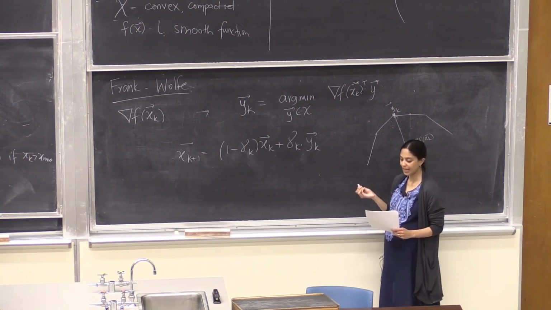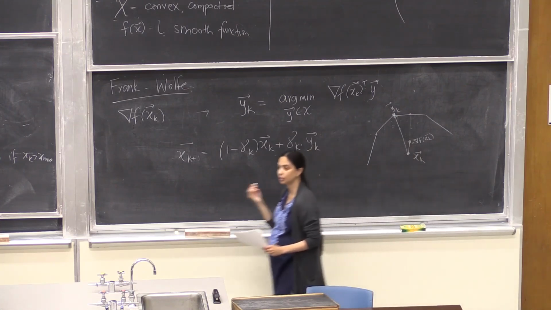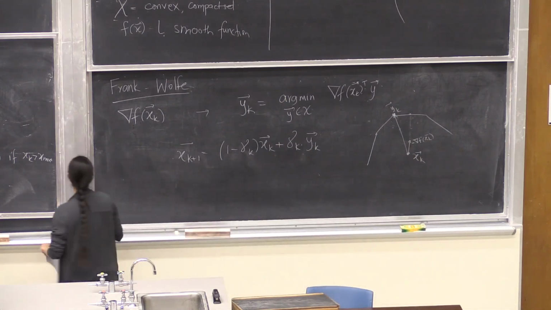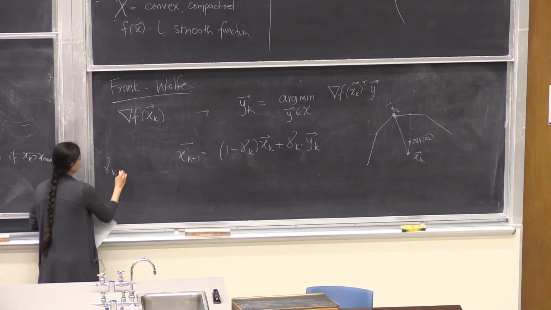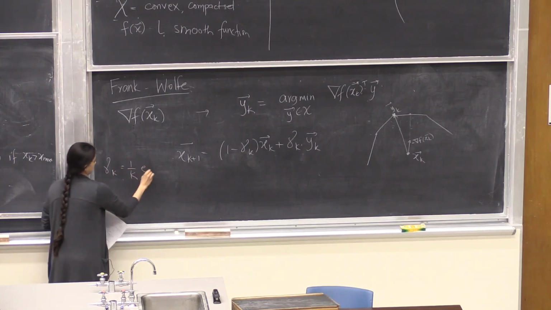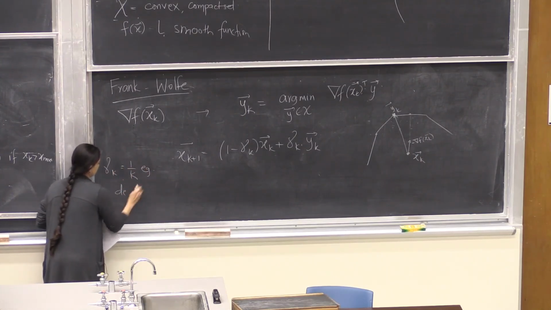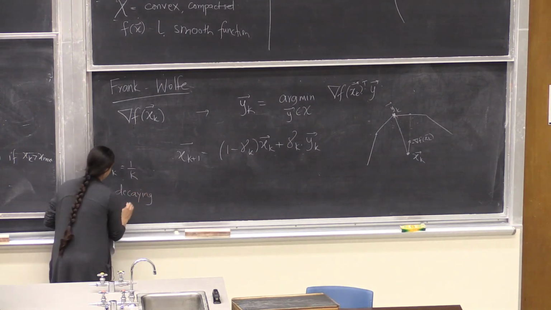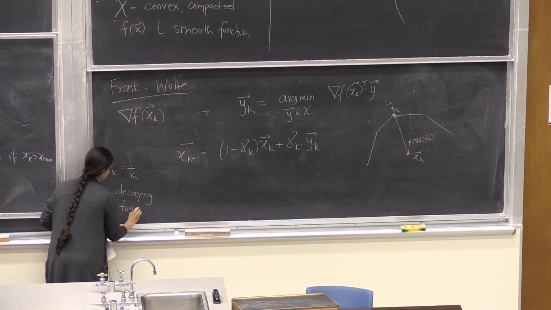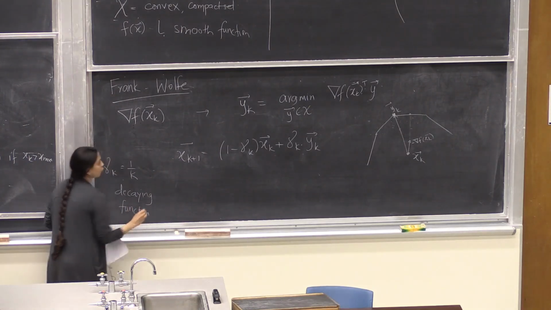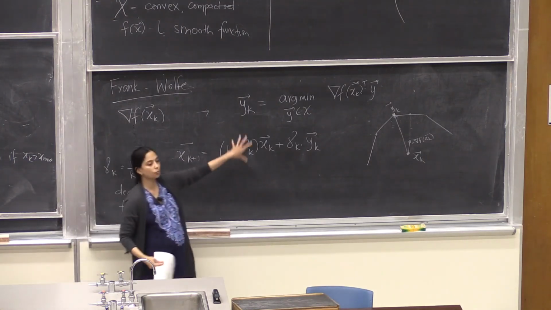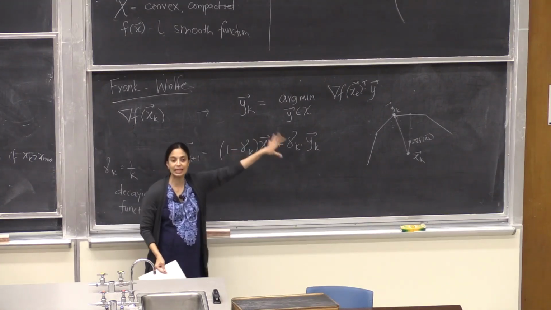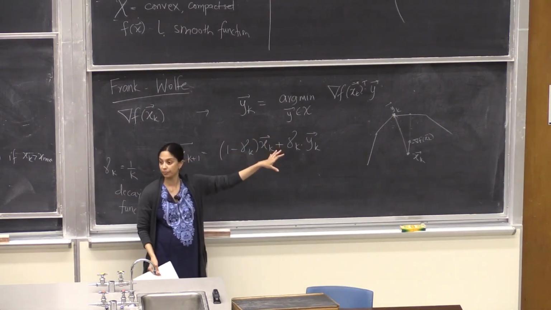Do you see that? And gamma k is something you define, like your learning rate. It's also something that you choose as a decaying function. So over time, you're putting more and more weight on where you are and less weight on the new point that you find.